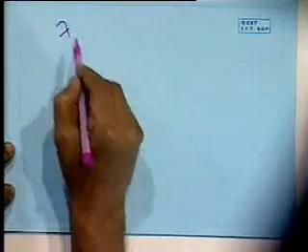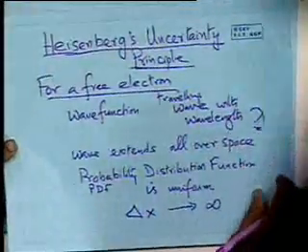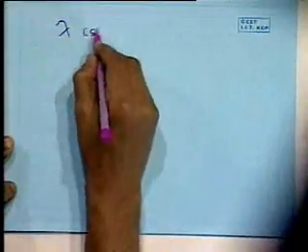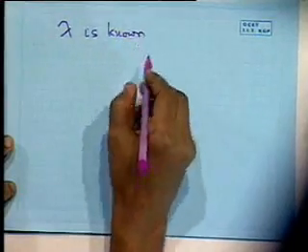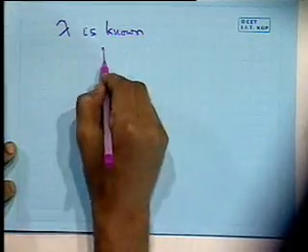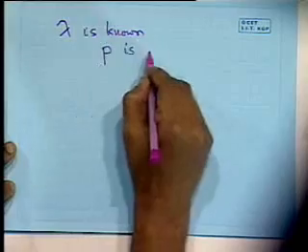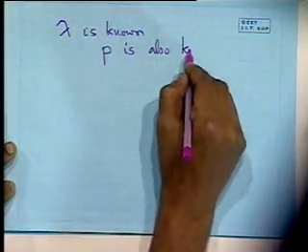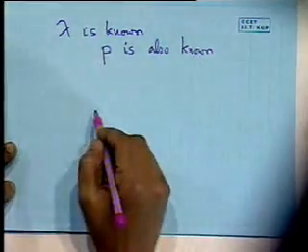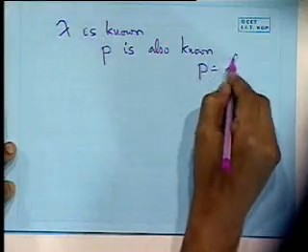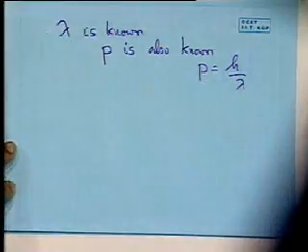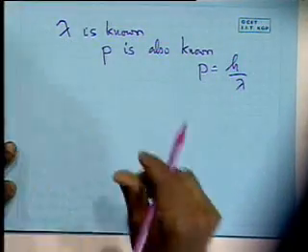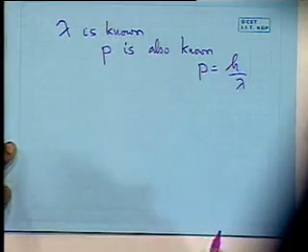Now when we know lambda for the wave, we said it has a certain lambda, by implication if lambda is known, then p, the momentum, is also known from de Broglie. p is equal to h by lambda. So if you know lambda exactly for this wave, then you also know p exactly.